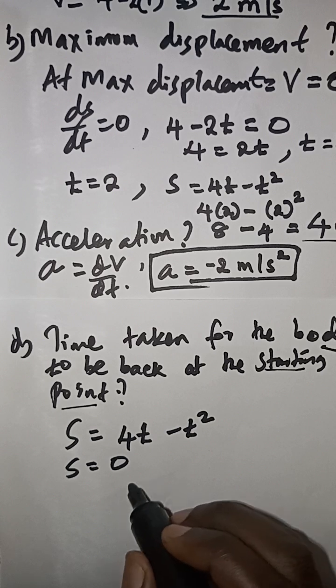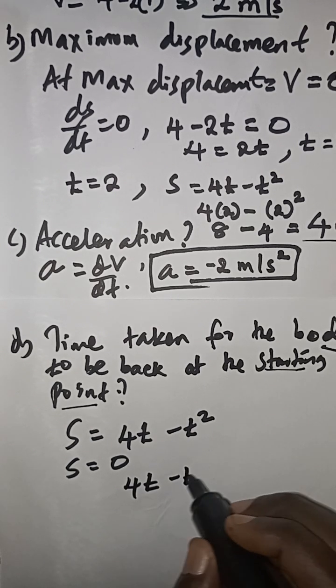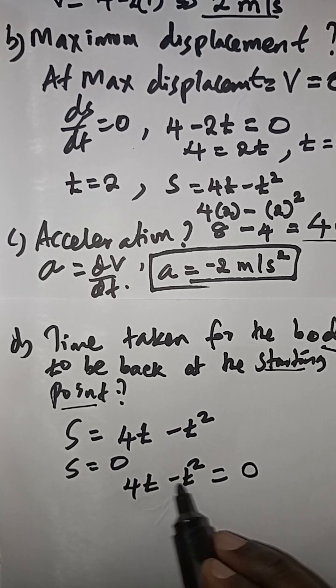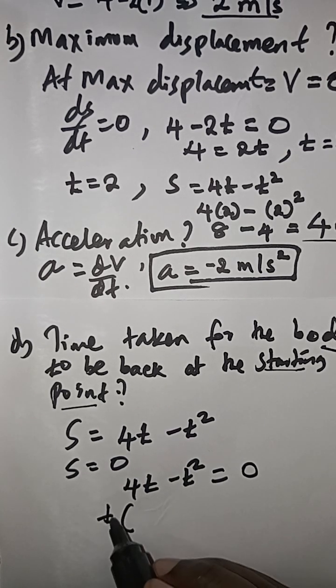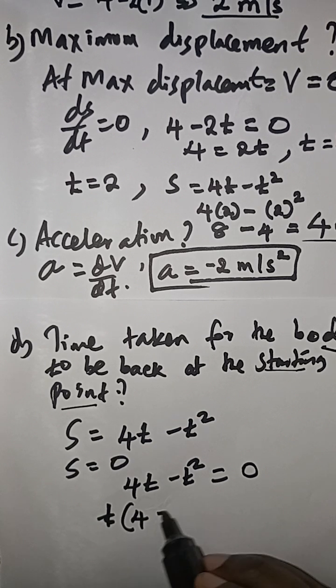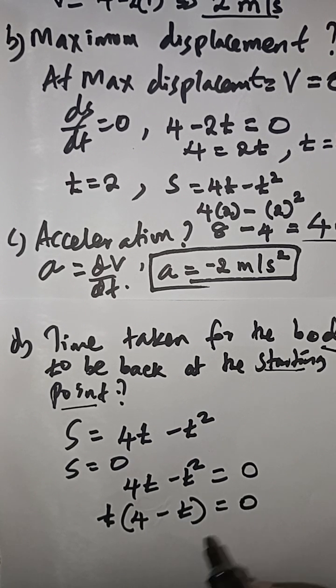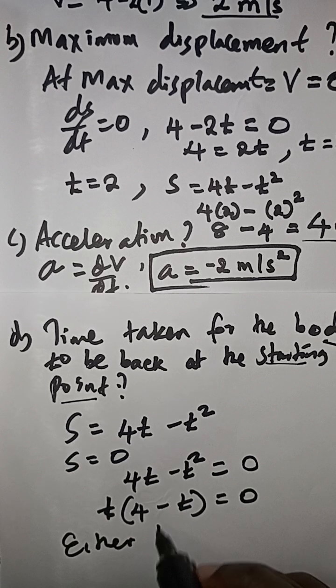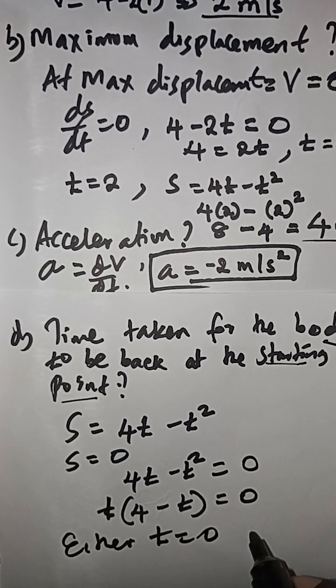So applying that, I have 4t minus t squared equals 0. This is a quadratic expression, so I can factor out t, and I'm going to have t times 4 minus t equals 0. Since this is a product of two factors, either t equals 0 or 4 minus t equals 0.